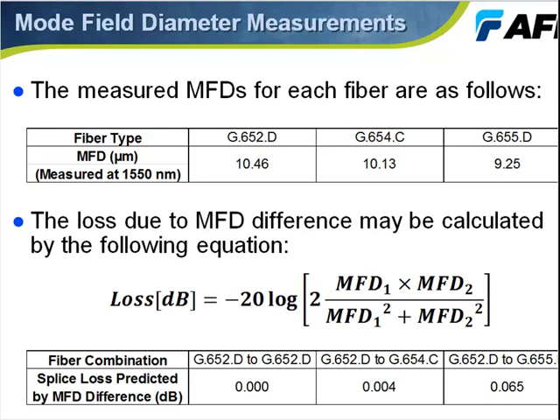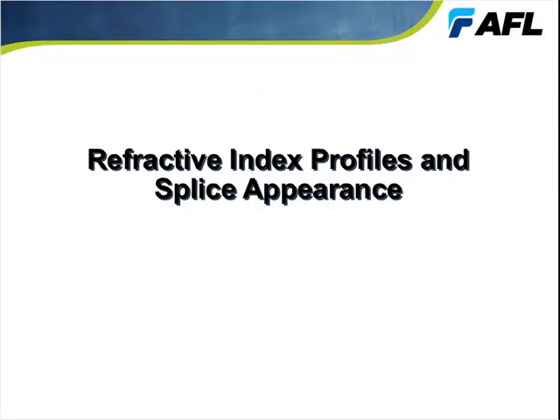But on the other hand, when we splice the standard single mode to the non-zero dispersion G655D fiber, there's a rather significant contribution to splice loss due to the mode field diameter difference. So let's move on now, and we will look at the refractive index profile and the appearance of these different splices.